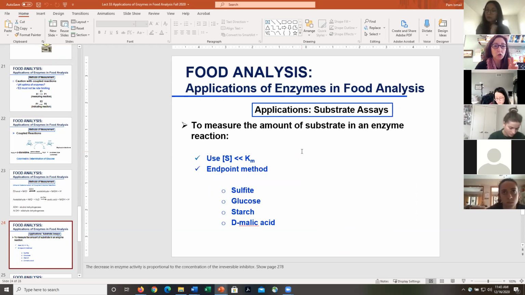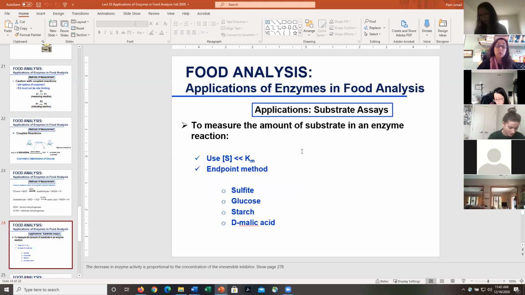You want the reaction to be zero order with respect to the enzyme. That means the enzyme is there, you have enough activity, it's not limiting your reaction. So your reaction rate is not dependent on the enzyme.